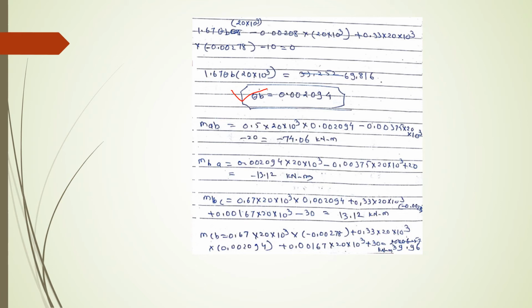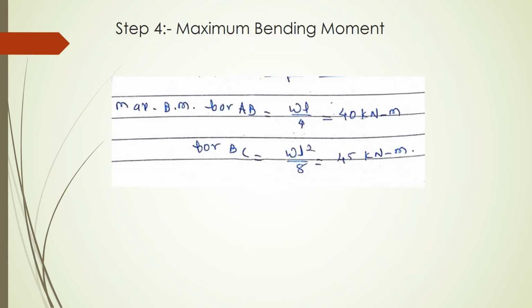Put theta b and theta c in step number 2, that is slope deflection equations MAB, MBA, MBC and MCB, and already we will have the value of MCD with us. We have taken the moment at joint C. So these are the end moments we got.